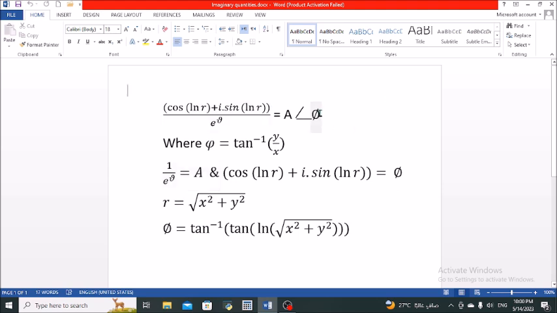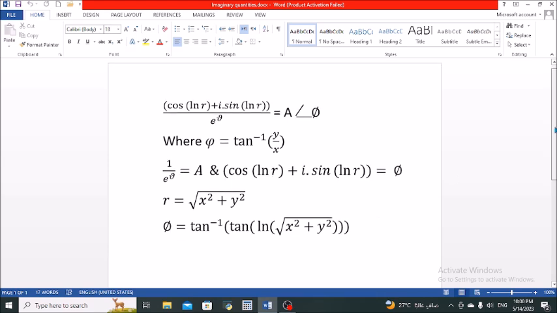And phi equals tan inverse of sine ln r over cosine ln r, that is tan inverse of tan of ln r, where r equals the square root of x squared plus y squared.